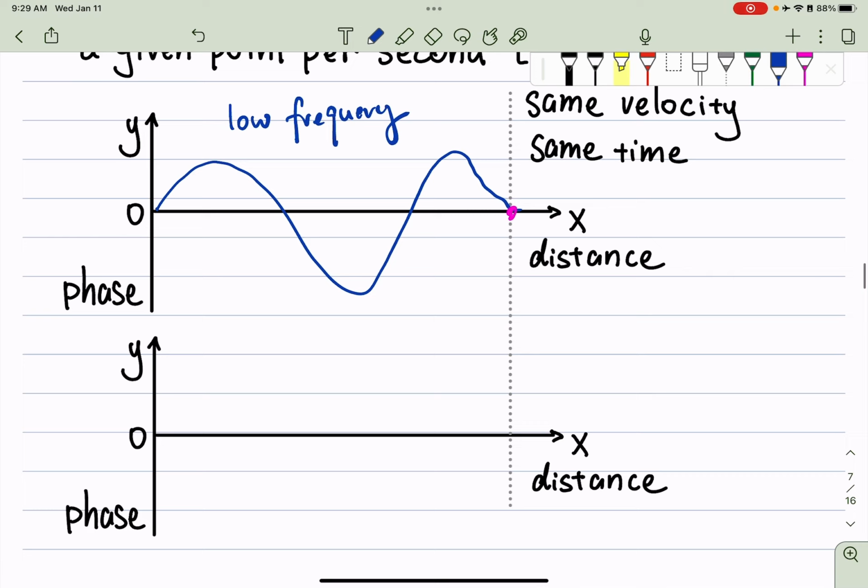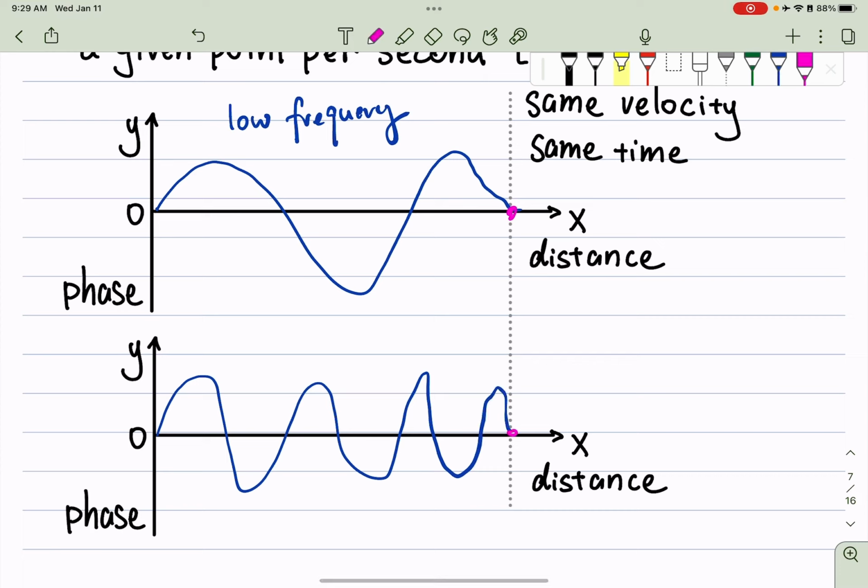Alternatively, we could also have a high frequency wave, something like that. My drawing is really bad; the annotated notes have a better version of my drawing. But this is a high frequency wave. If you look at the top one, roughly 1.5 entire wavelengths pass by.